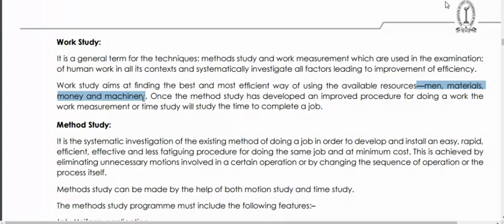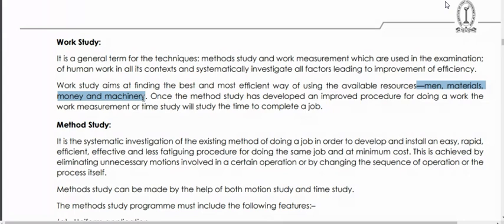So one more thing you have to keep in mind when we are studying this subject is our major aim is to achieve the maximum production, maximum output we want to generate. And to achieve that maximum output, we should be using a minimum cost.